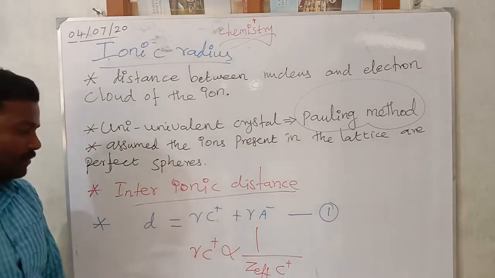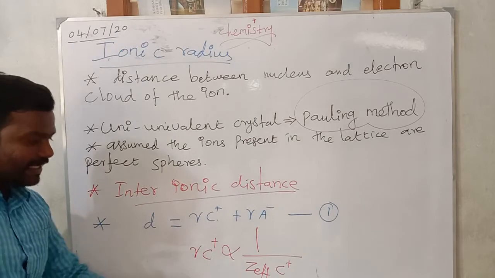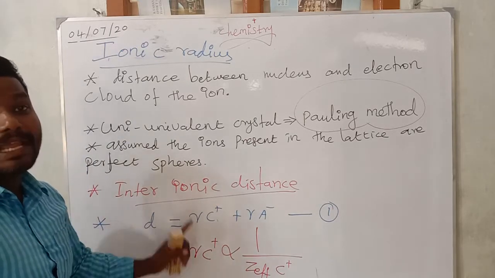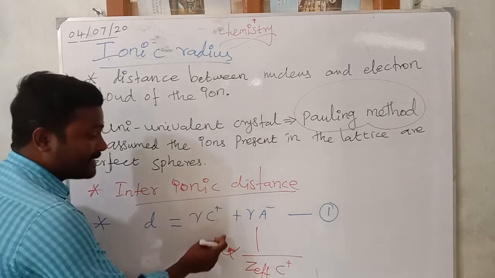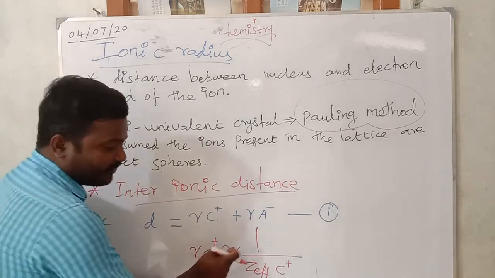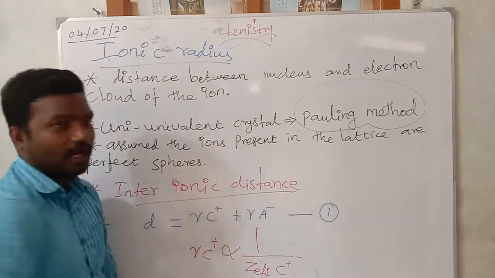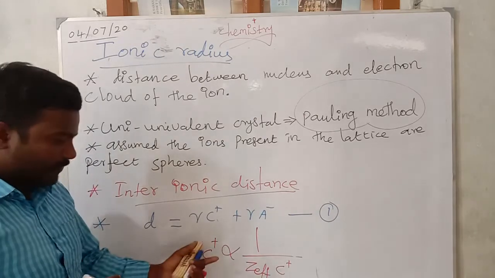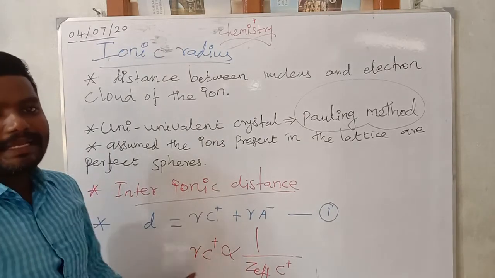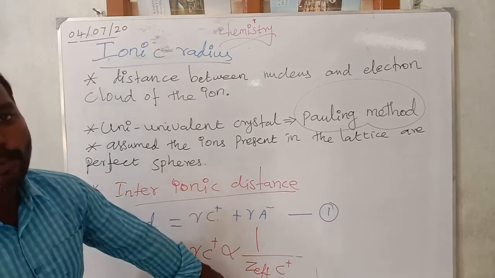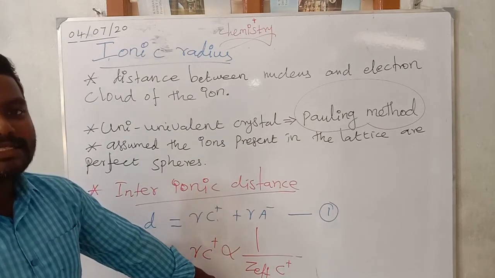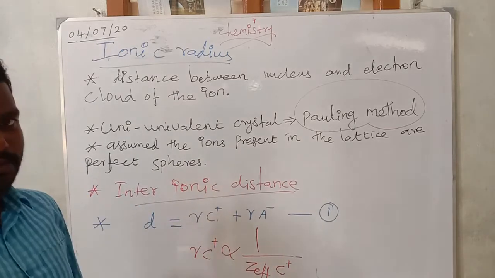I will give an example. So for ions having noble gas configuration, the radius is inversely proportional to the effective nuclear charge. If you take a cation, the radius of the cation is inversely proportional to its effective nuclear charge.